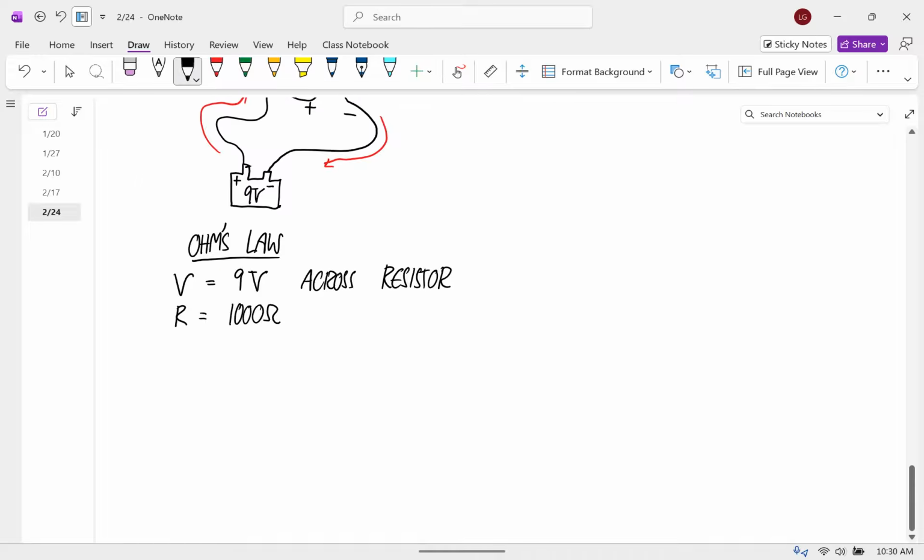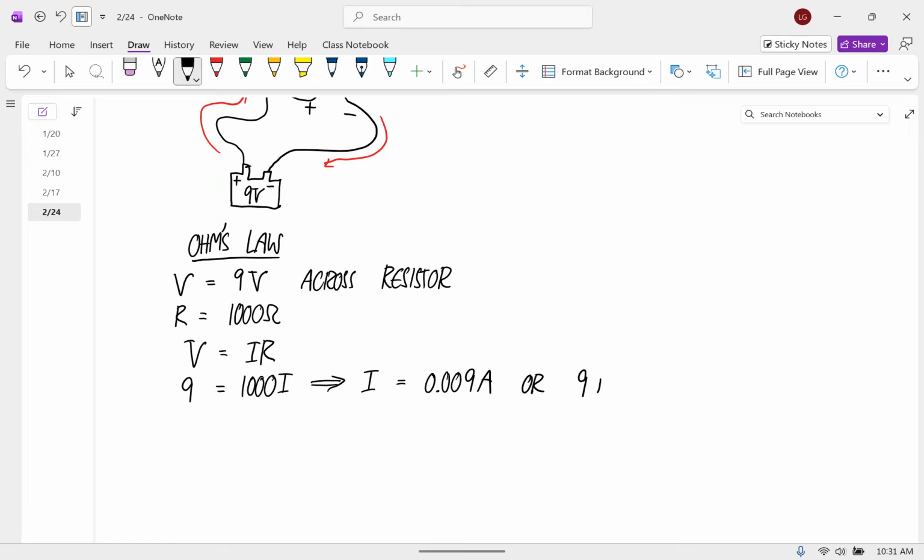And so now we can set up Ohm's law, V equals IR. So 9 is equal to 1,000 I. Solve for I, and you get 0.009 amps. Or you can also write this as 9 milliamps.